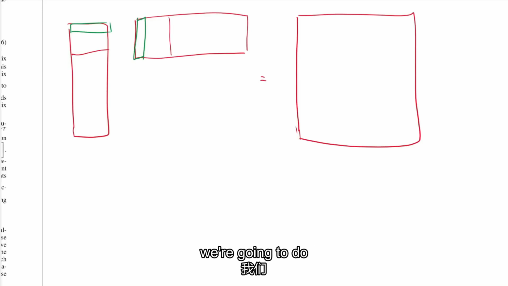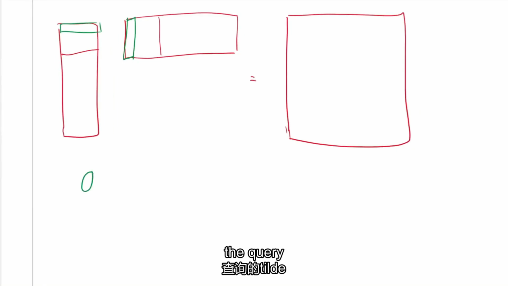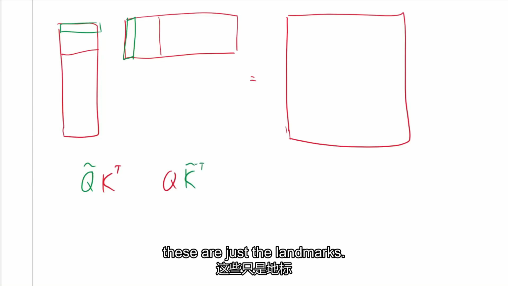So what we're going to do is construct 2 matrices right here. We're going to construct the query tilde times the keys, and we're going to construct the queries times the key tilde. The tilde, these are just the landmarks.